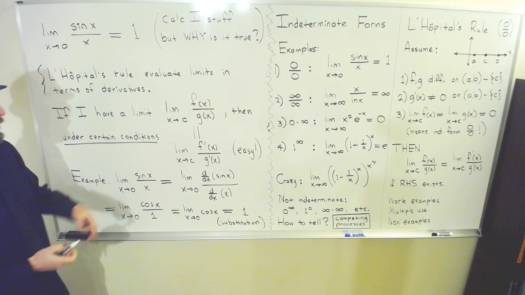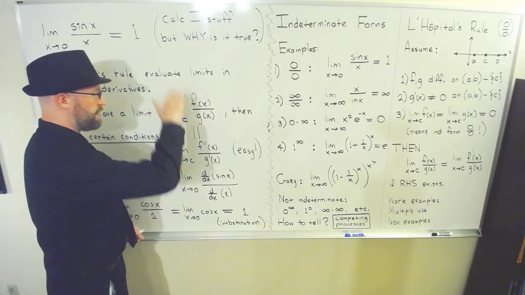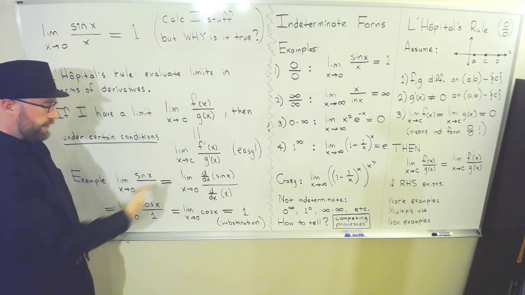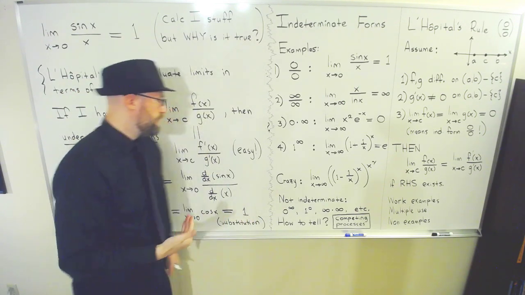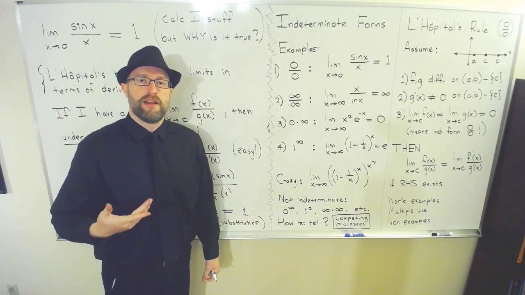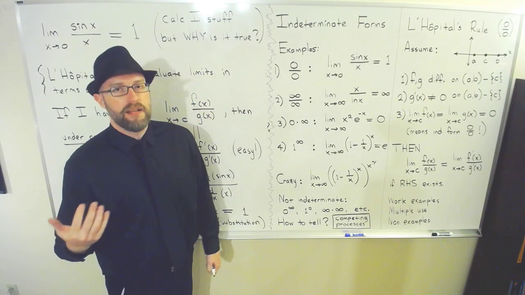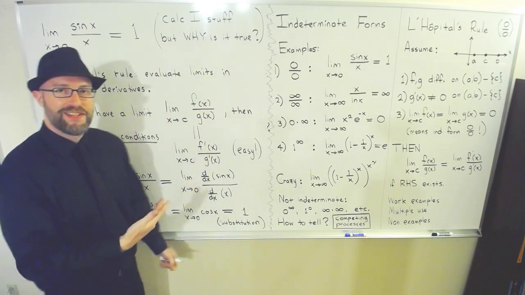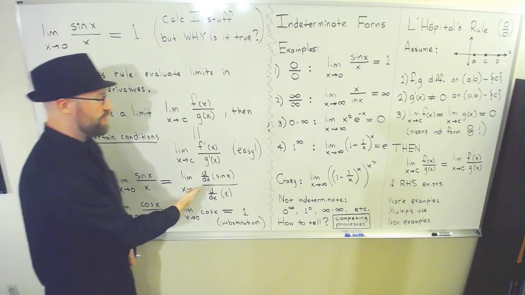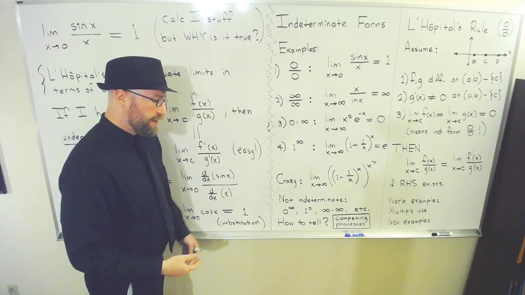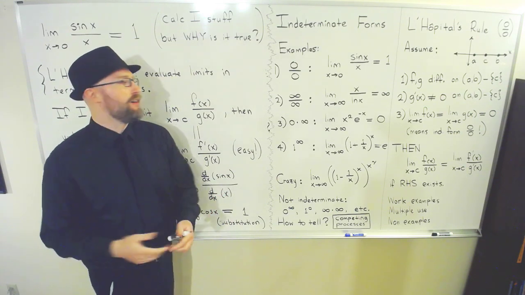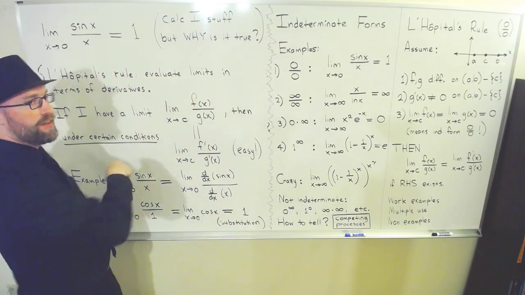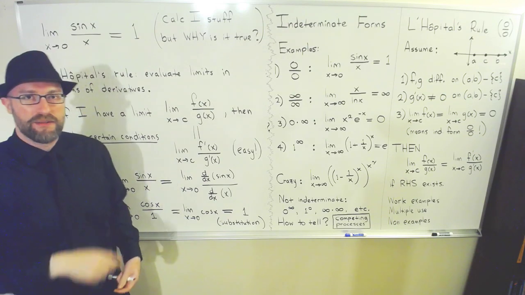Now this was not only much easier than those other two methods that I wrote, but it was something that didn't require any ingenuity. It's like your IQ can be 30 points lower and you can still use L'Hopital's rule, whereas you'd have to be 2 standard deviations more intelligent to remember how to write this thing as a derivative or remember how to use the squeeze theorem to do that.